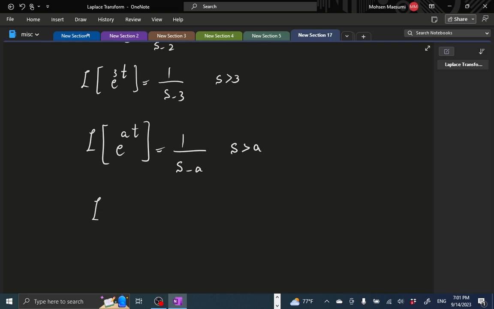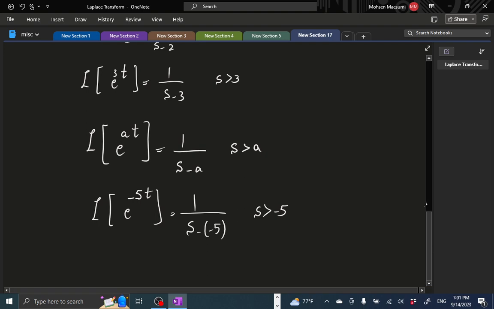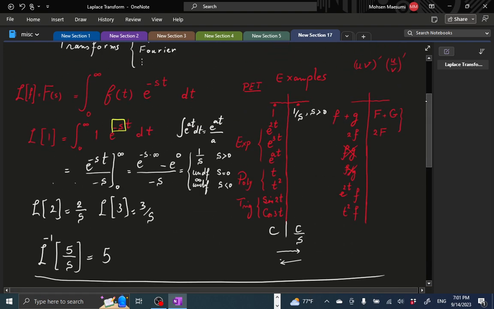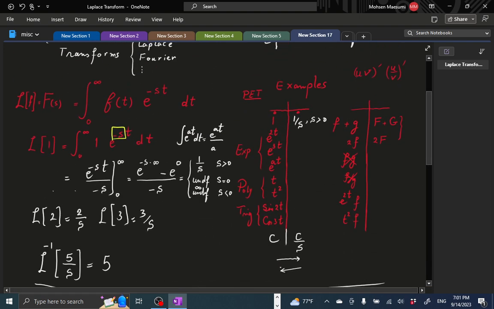Let's also practice some negative exponential, say minus 5t. That's going to be 1 over s minus 5, and s has to be larger than minus 5. So all told, we have one entry in our list here.